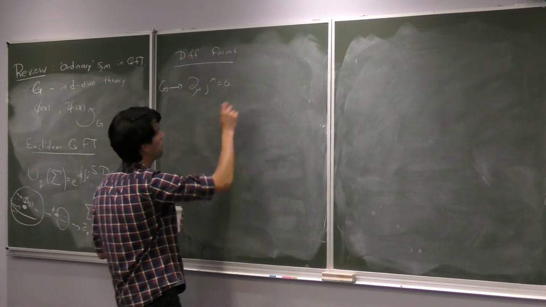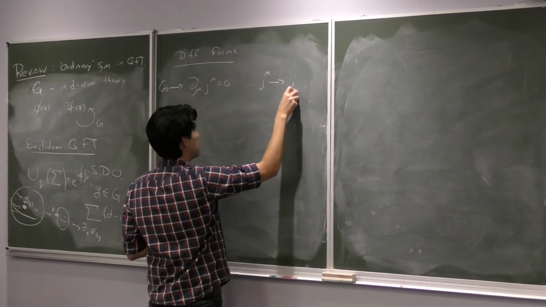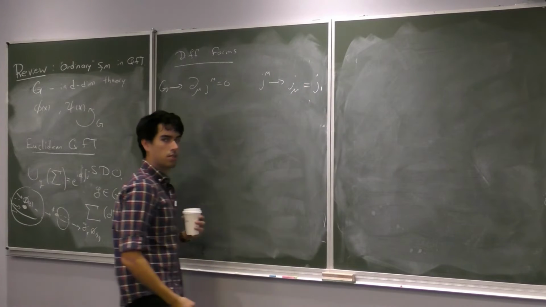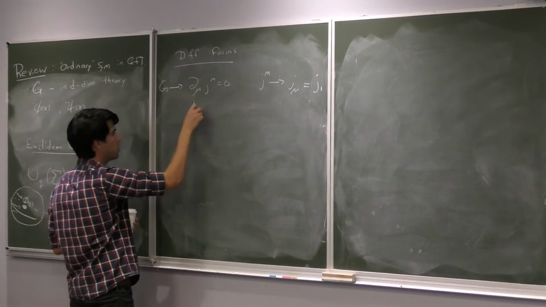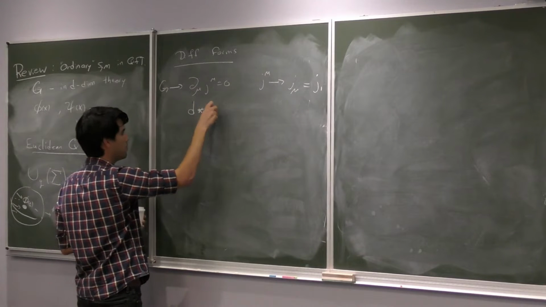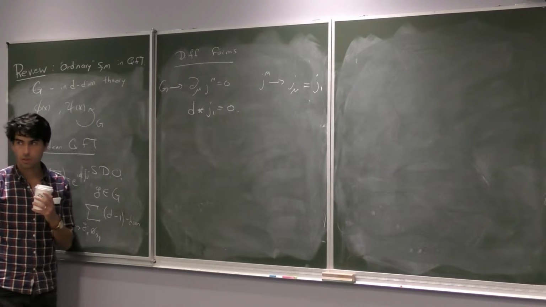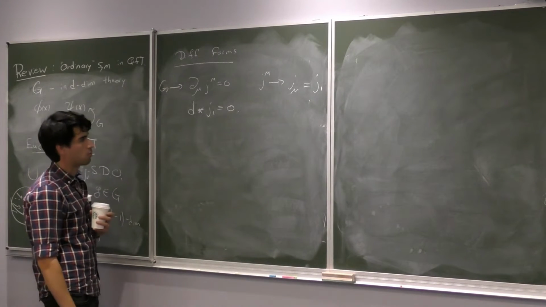In terms of differential forms, J^mu you can write instead as some J_mu, which I'll write as J_1 because it's a 1-form. And then the conservation equation is the same as saying the exterior derivative of star J_1 is 0. So this is how you would rewrite this equation in terms of differential forms.